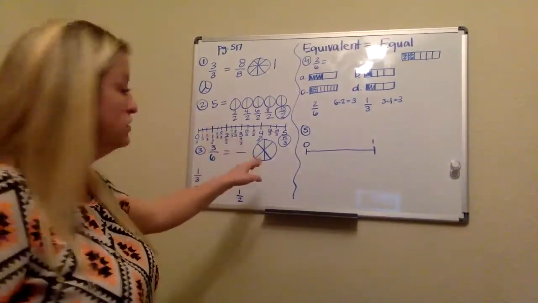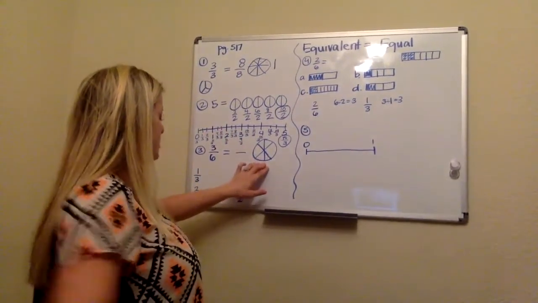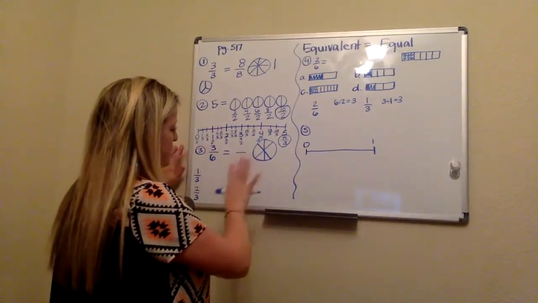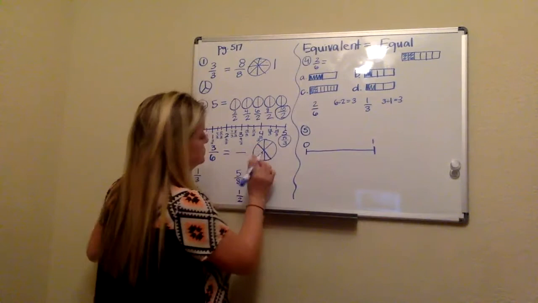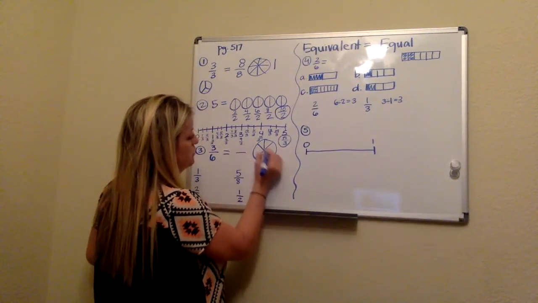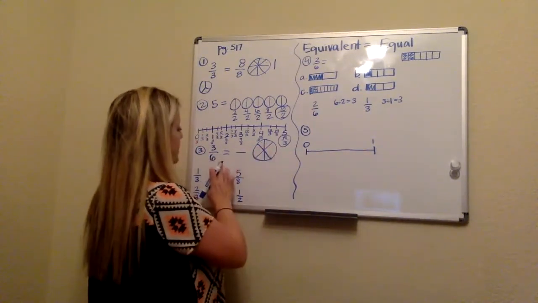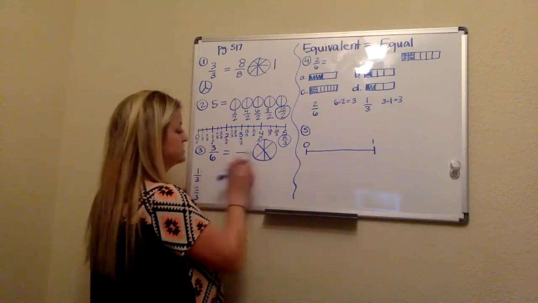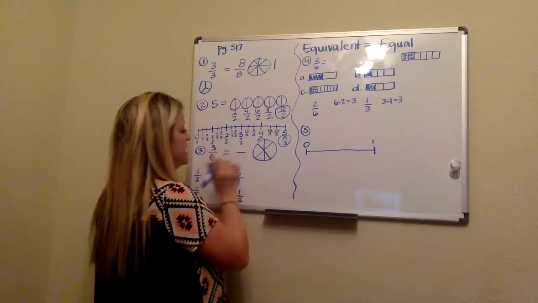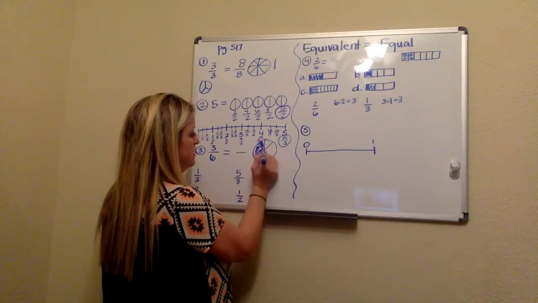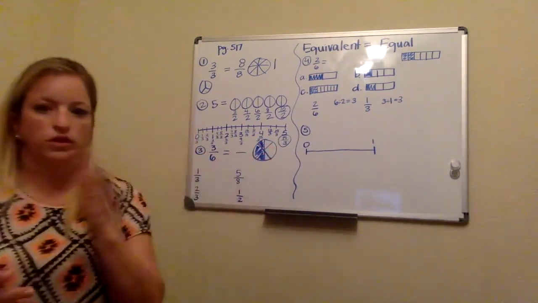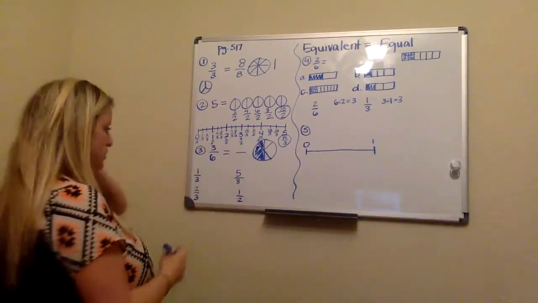So I drew a model of 6, and it's, again, not perfect, but if it were, all these pieces would be equal. But I have 1, 2, 3, 4, 5, 6. And so my denominator is 6 because there's 6 parts. She ate 3 of those. 1, 2, and 3.